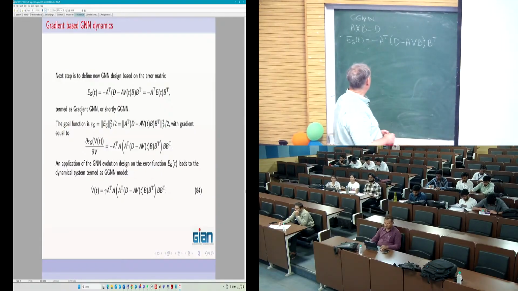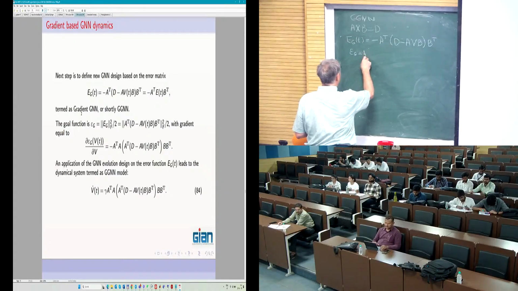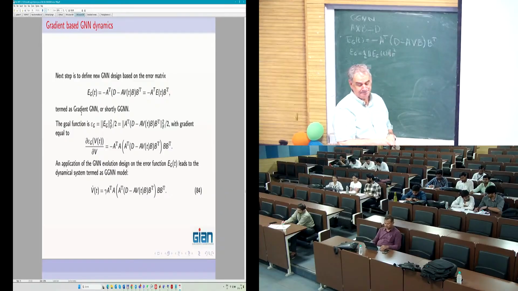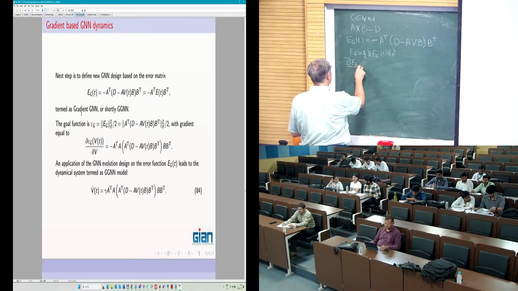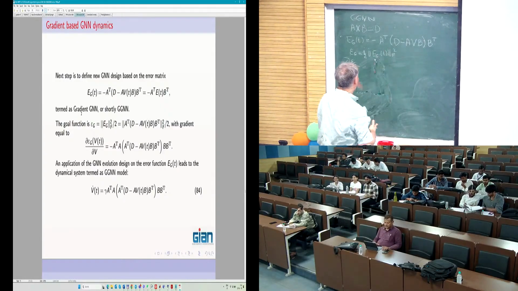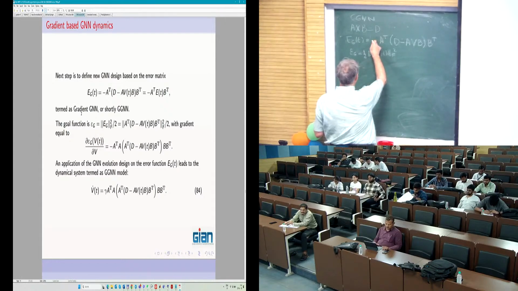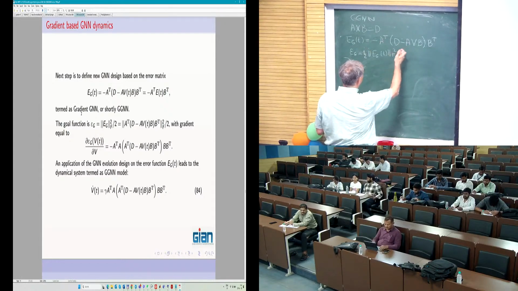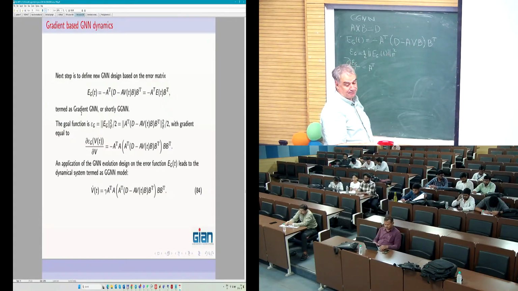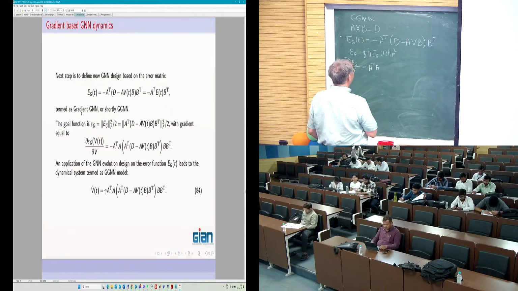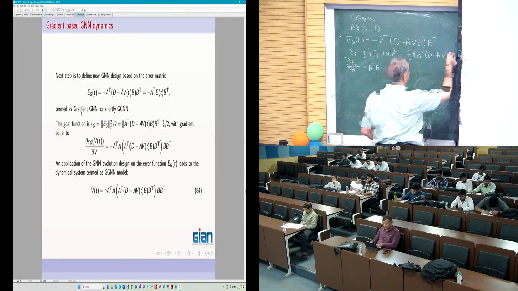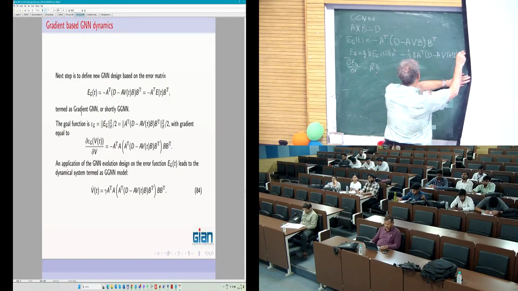We begin using this error function, epsilon G, which is correct because we chose the error function D minus A V B, Frobenius square.